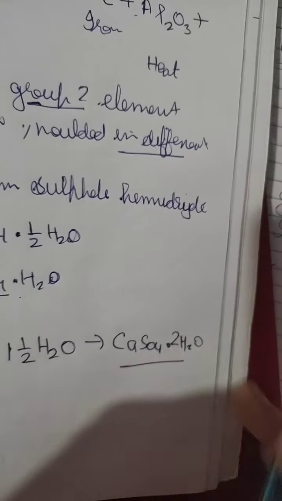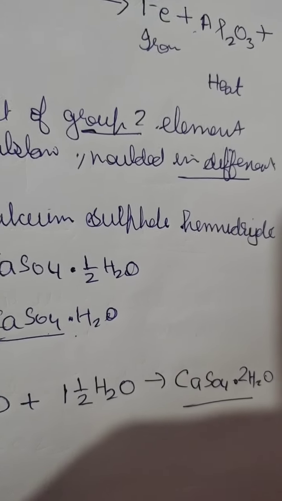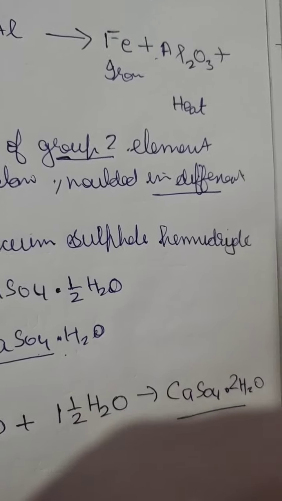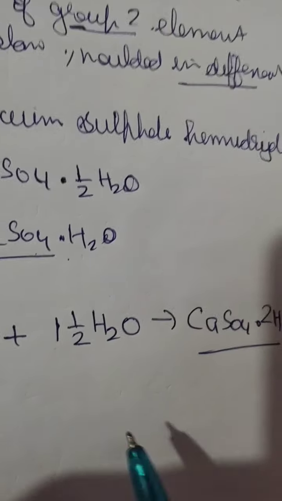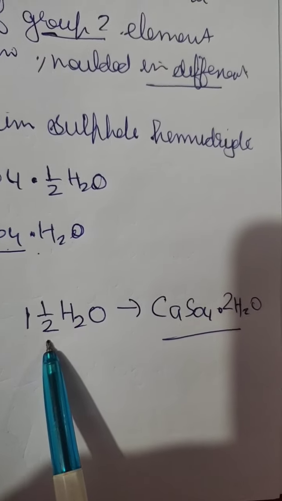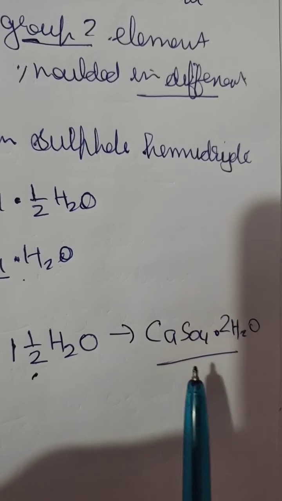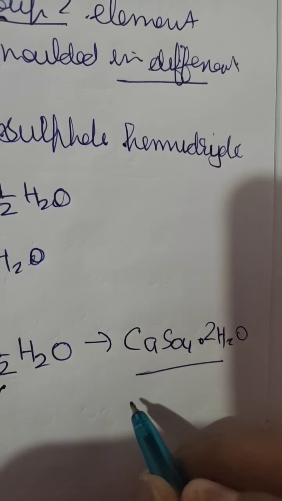So it's gypsum. So it is made from the gypsum. We have done how it is formed. So when we heat this gypsum, this 1.5 molecules of water will be removed and we'll get this POP. So it will form into a solid mass called gypsum.